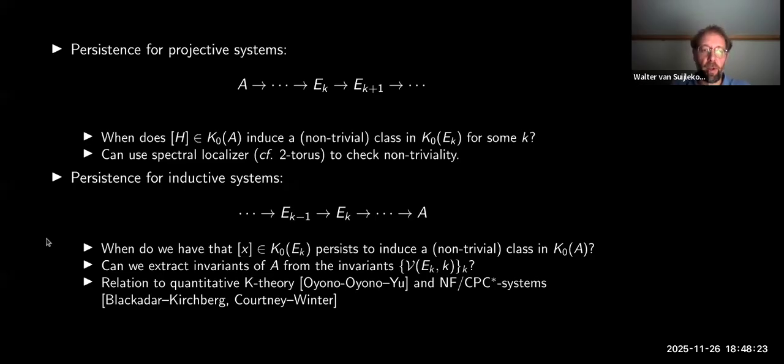And underlying that is the approximation of C*-algebras that was done, for instance, in the 90s by Blackadar and Kirchberg and by F systems, and more recently for all nuclear C*-algebras by Courtney and Winter, where you have a system of actually matrix algebras, but the maps are not homomorphisms, they are so-called CPC maps with a certain property.